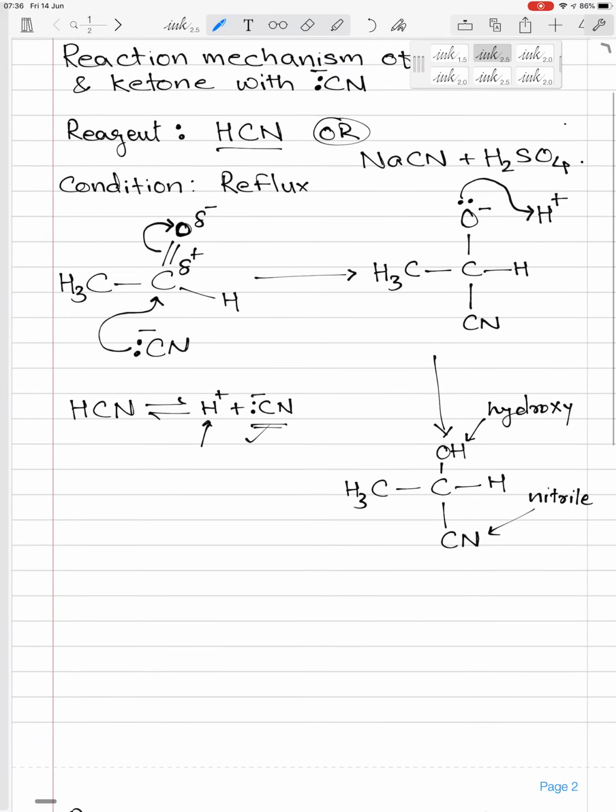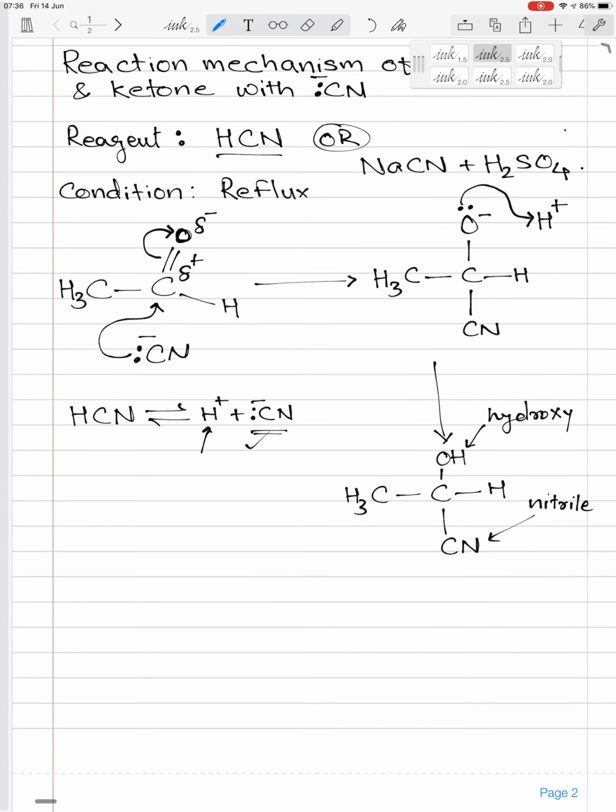So when I look at this compound, what I find here is it has 3 carbons, and we started with 2 carbons.